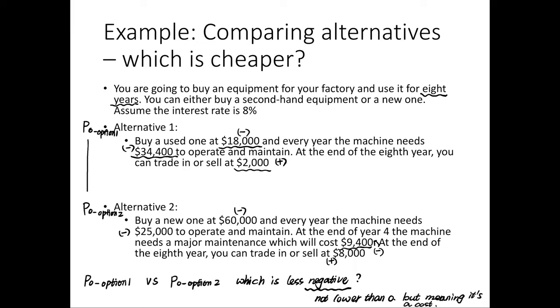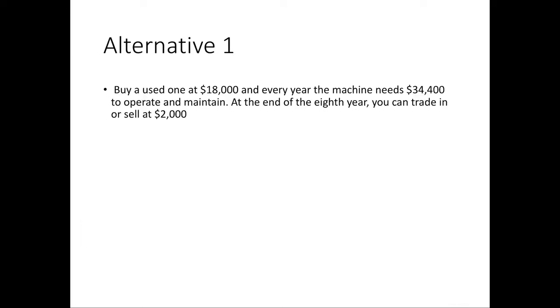Clear? Now what we want to do is, first we deal with the first option. We draw the diagram, we convert the different types of cash flows back to the present time, and then we sum all the present values together to get a total present value for option 1.